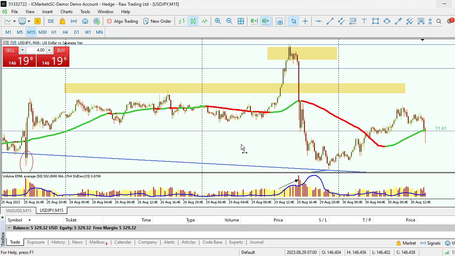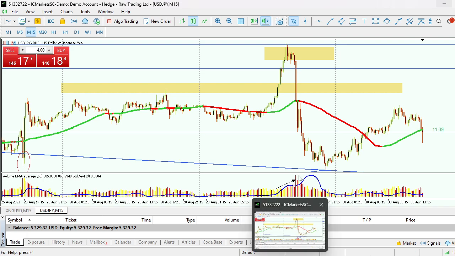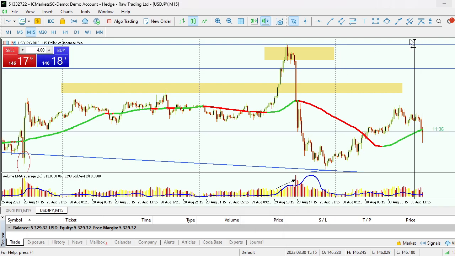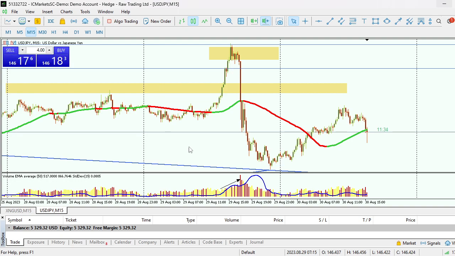So as you can see from the chart, we have the USDJPY on the 15-minute.